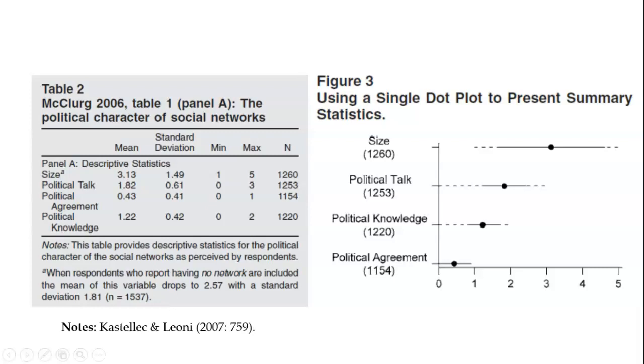And look, because the standard deviation is very high, 1.49, the chances of being farther from the mean are higher than, for instance, in the case of political agreement, in which the standard deviation is 0.41, right? So in political agreement, the target is smaller than in the case of size.